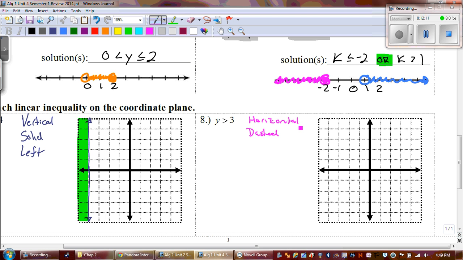And are we going to shade above or below? Well, we're going to shade above because this is the greater than symbol. So at 3 right here, we're going to have our dashed line. And it's greater than, so we're going to shade above.